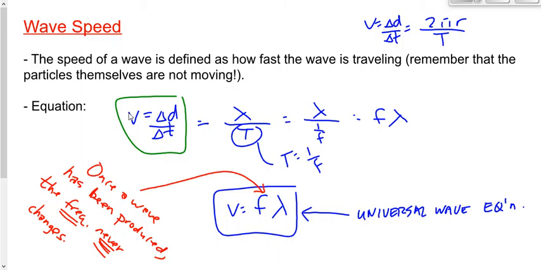But the frequency of the wave, once the wave has been made, stays the same. In other words, how many waves you have per second is simply dependent upon what caused it. If I put my hand down in the water at 10 cycles per second, that's the frequency of the wave. That wave's been made. Can't change it. Unlike the speed and the wavelength, which can change.